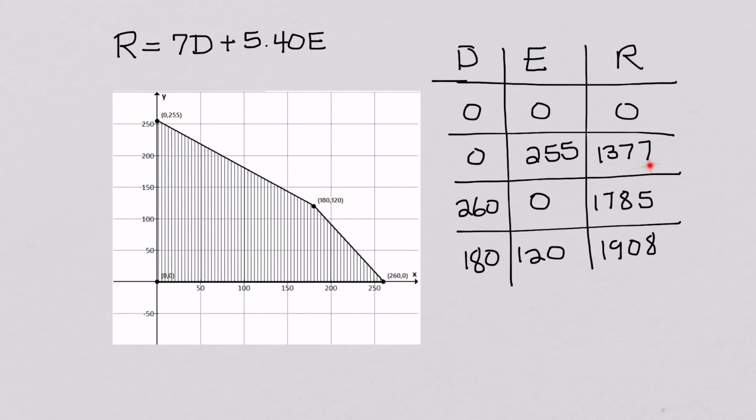So that's better than just making economy mix, but it's not the best that we can do, because what we could do is use 180 pounds of deluxe mix and 120 pounds of economy mix, and that will give us a total revenue of $1,908, and that is my answer. That is the most revenue that you can make in that situation.